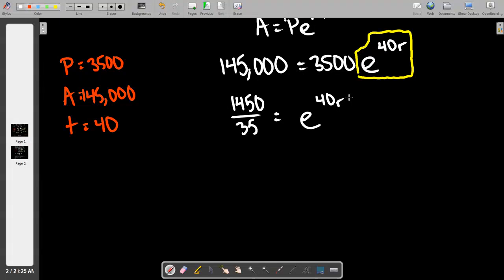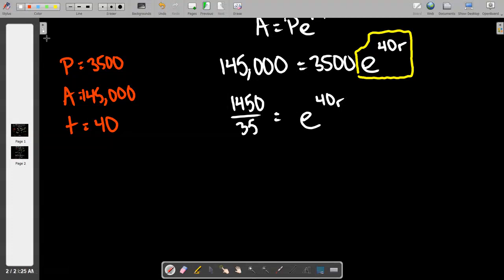And how do we get an exponent down? We log. When your variable is hiding in an exponent, you're going to need to log both sides. The log doesn't work until we get the power by itself. That's what that first step was for. The division by 35 made what's about to happen possible.